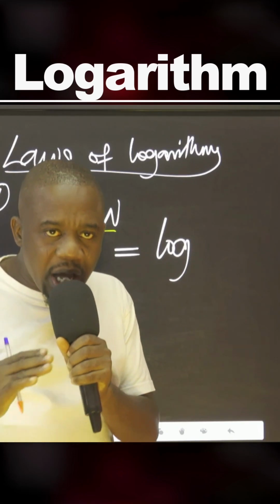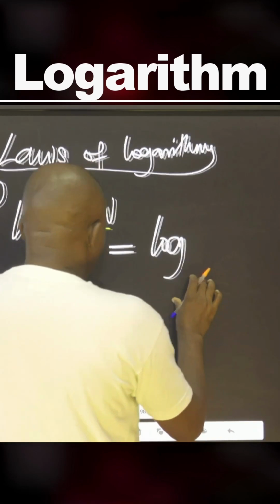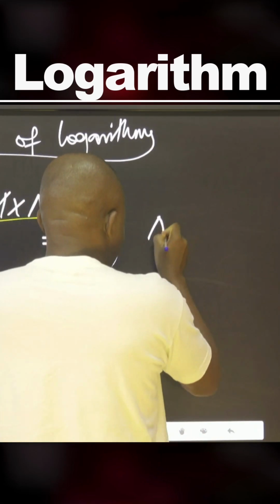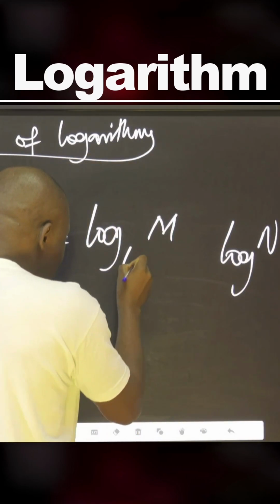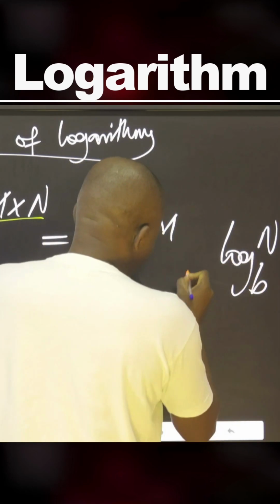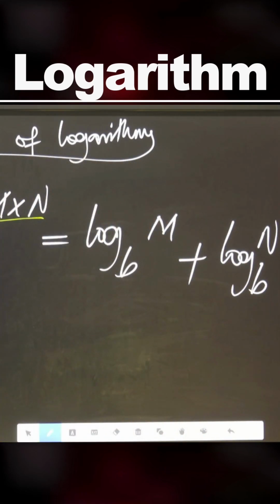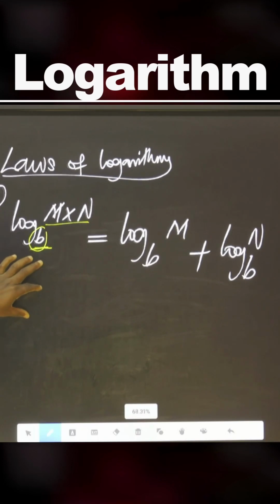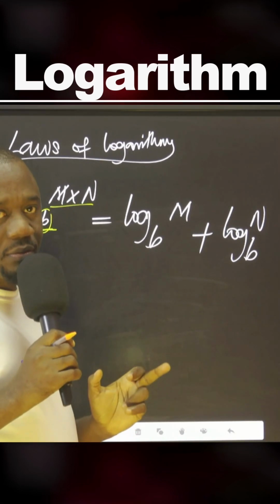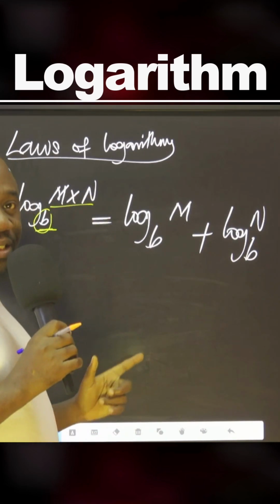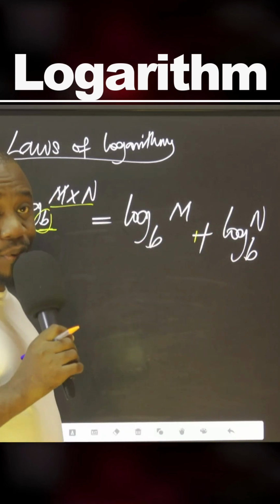This time, I want two of you to be separated. But B will still carry you, but this time I will put plus here. That's what the law is saying. If there is multiplication between these guys, use plus to separate them.